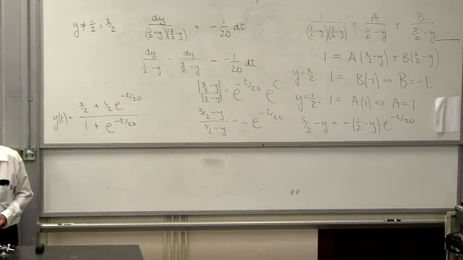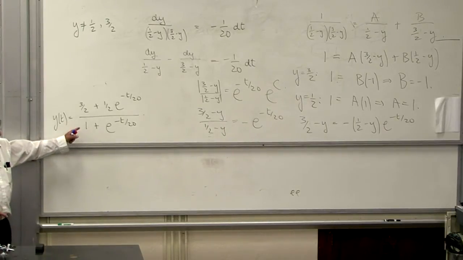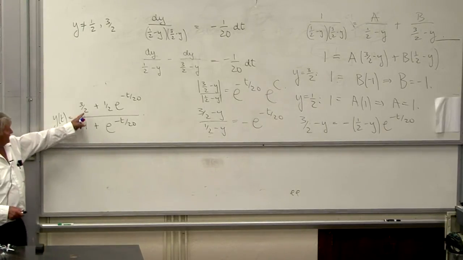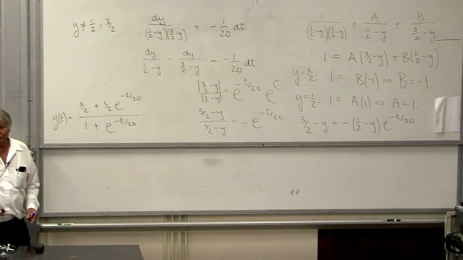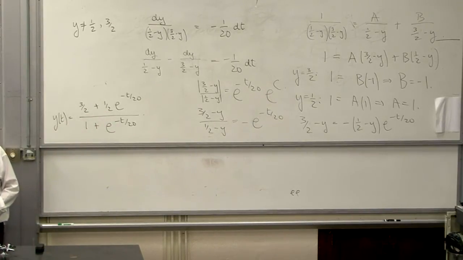Is that okay? I got all the y's on one side, all the non-y's on the other, and just solve. You can see at t equals 0, this is 3/2 plus a half, which is 2. This is 1 plus 1, which is 2. So y of 0 is 1.